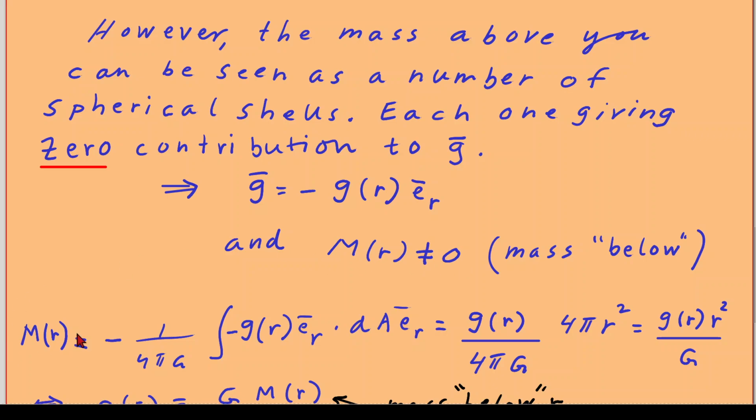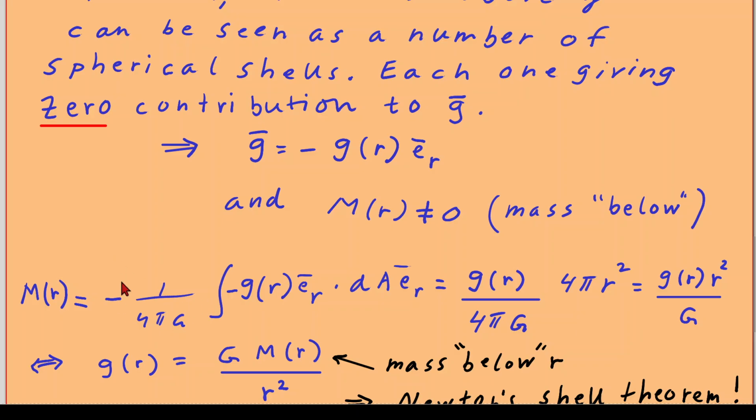So I can't say zero here anymore, but let's say M_R, all the mass up to radius R. So minus the constant, and then we put in that. This is the dot product with the area.